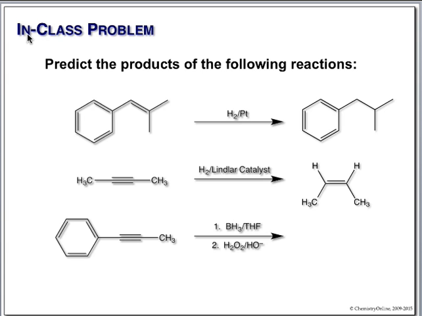Now, because it's a triple bond, we're going to be forming an enol, aren't we? The enol is going to tautomerize to a carbonyl. So this carbon out here is going to be a carbonyl, and this guy will be a CH2. The product should simply look like this.